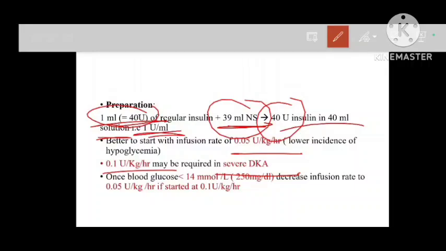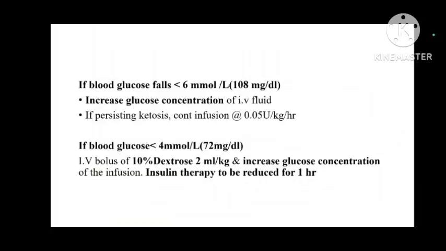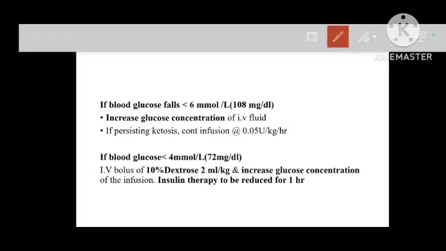Once blood glucose is less than 14 millimole per liter or 250 mg per deciliter, decrease the infusion to 0.05 unit per kg per hour if started at 0.1. Now, if the blood glucose level is less than 6 millimole per liter or 108 mg per deciliter, then increase the glucose concentration of the IV fluid.